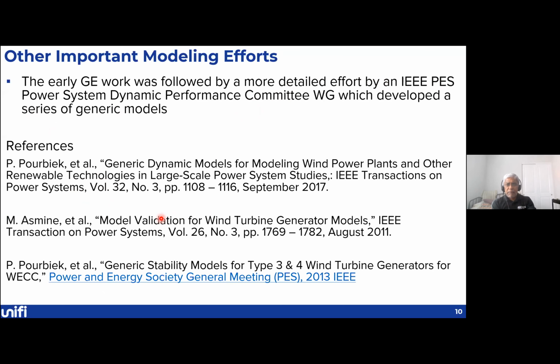These were then later updated, and now at present they have a set of second generation models, and quite a bit of validation of these models by using actual measurements. That's one of the things which stands out among the various pieces of work done by this working group. And then the ability to provide these generic stability models for both DFIG and full converter wind turbine generators is another aspect of this model.